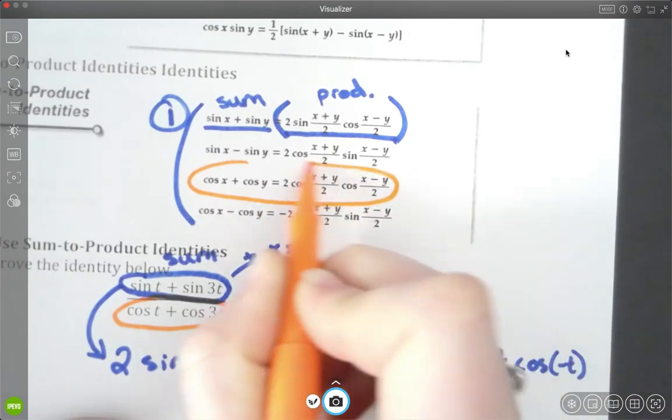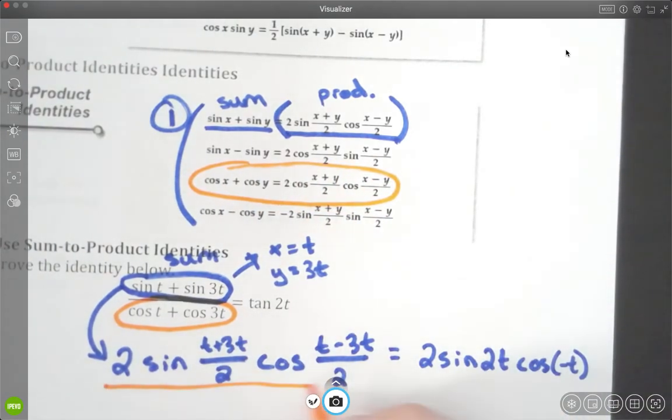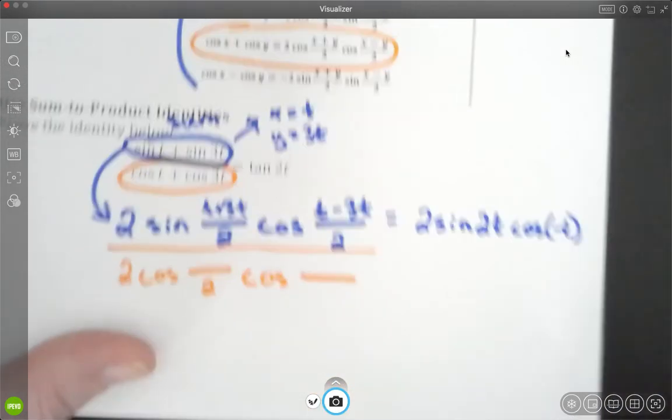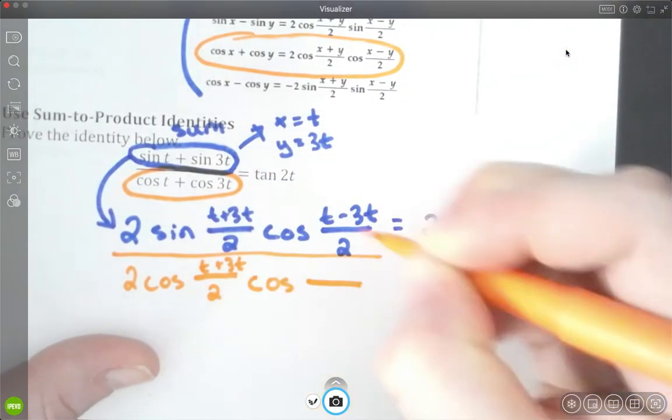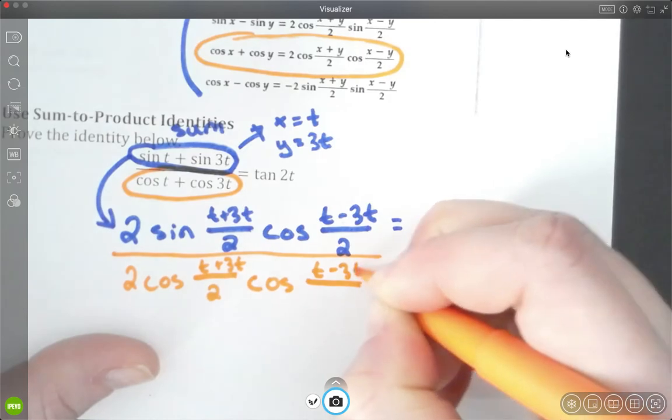So that guy on the bottom is 2 cosine of (x plus y) over 2, cosine of (x minus y) over 2. X plus y over 2 is t plus 3t. X minus y is t minus 3t.